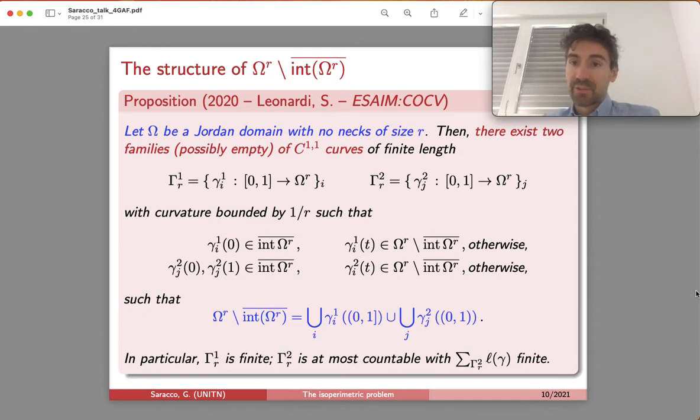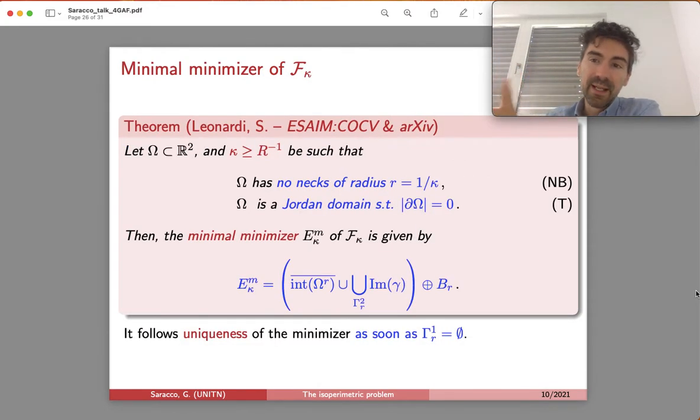And this is very nice, because at this point we can easily prove who the minimal minimizer is. And again, same set of assumptions on omega: a planar domain, actually a Jordan domain, whose boundary is not a space-filling curve, fixed kappa positive, greater than or equal to the curvature of the greatest ball inside omega.